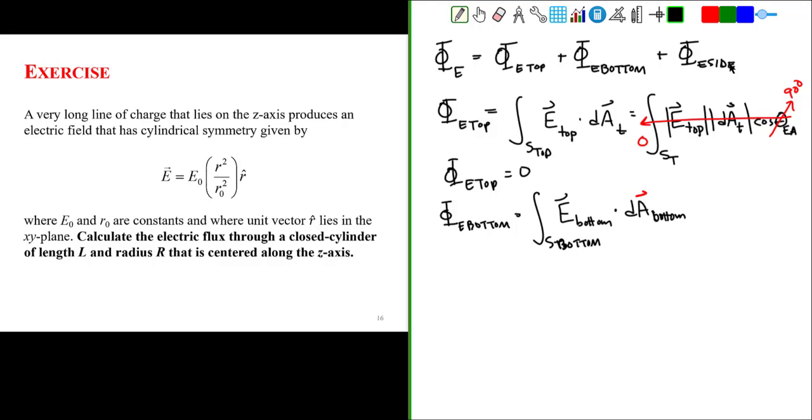And remember, this is just the magnitude of the electric field through the bottom surface times the magnitude of the area vector of the bottom surface times the cosine of the angle between the electric field and the area vector.